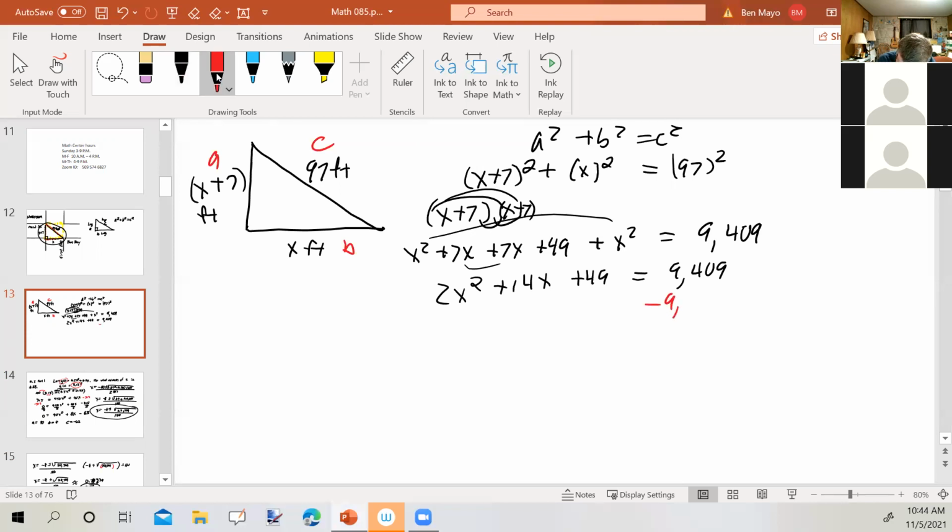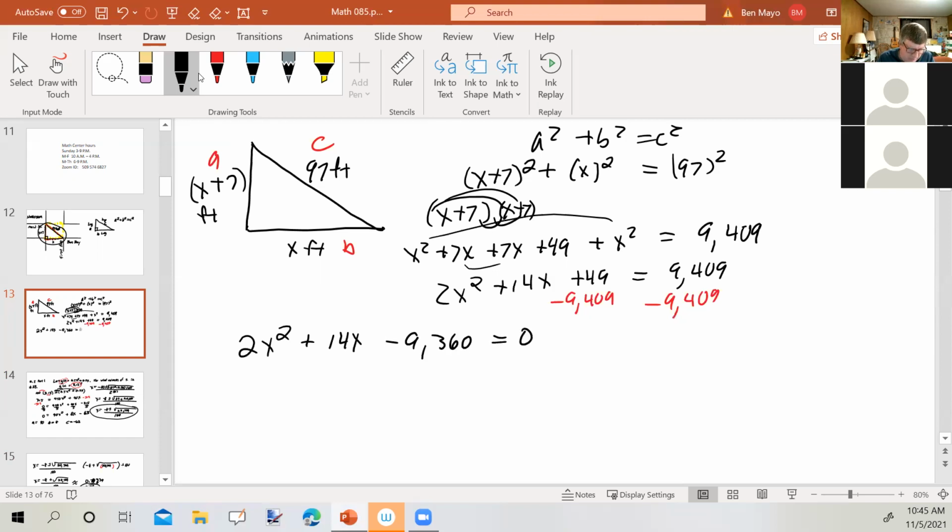Continuing, we'll subtract 9,409 from both sides, and we get 2x squared plus 14x. If we take 49 minus 9,409, we get minus 9,360 equals 0. Okay, so here's our quadratic equation in standard form.